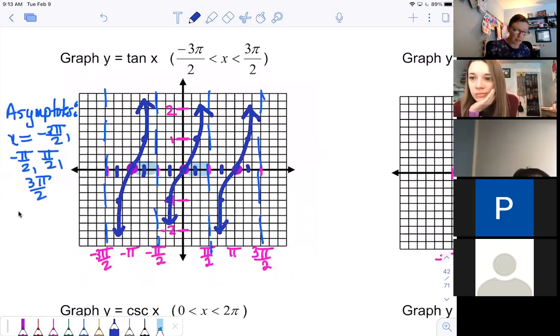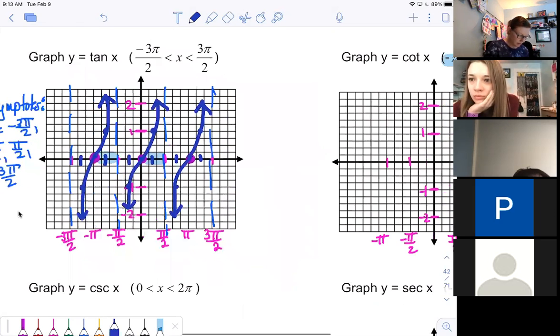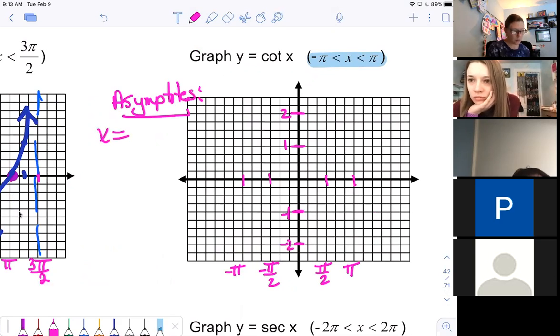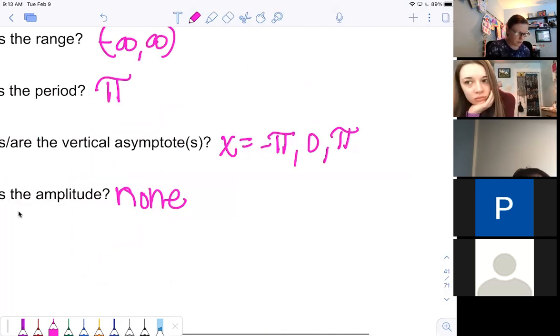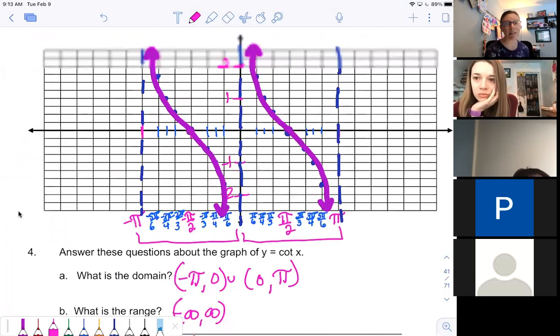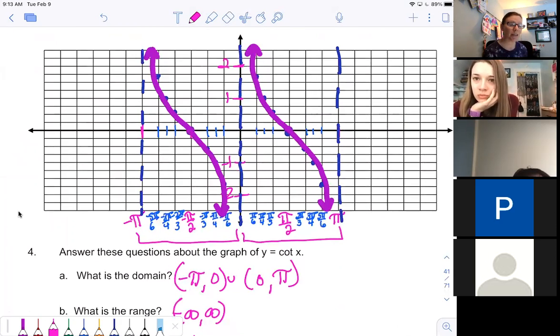So we're going to look at the cotangent as well. And we're going to focus on those asymptotes for the cotangent. So if I go up to cotangent, here's our cotangent function. I can see cotangent is decreasing because tangent and cotangent are reciprocals.